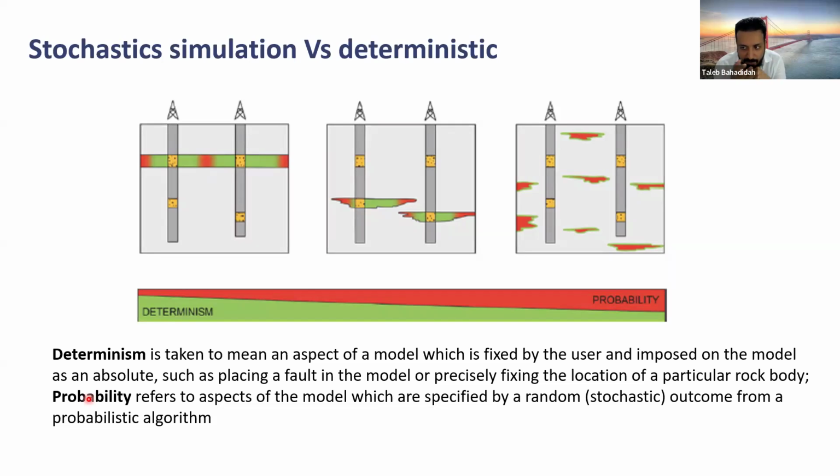And the word stochastic comes by origin from the Greek word stochas. I don't know if we have any person from Greek who knows that language, which means aiming or guessing. So stochastic means that you are guessing or aiming.